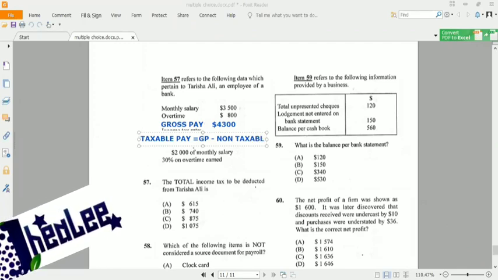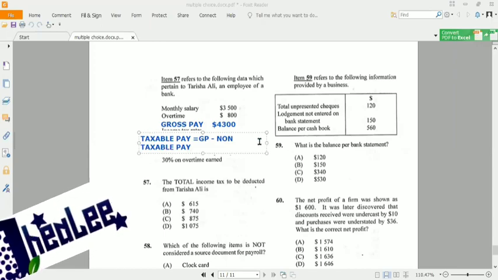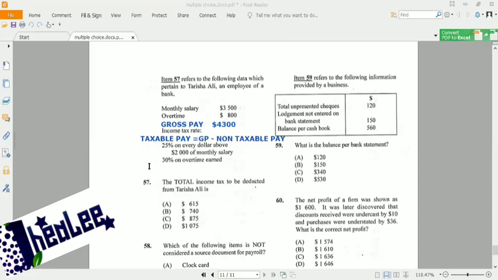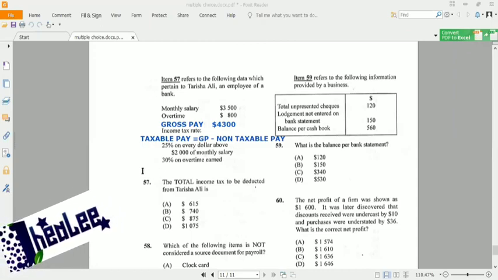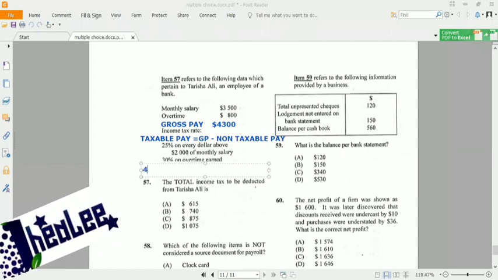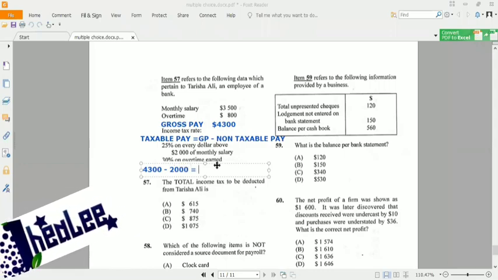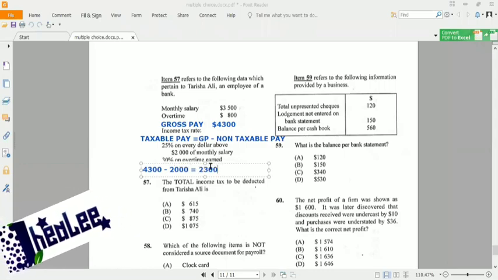All right. So based on this question now, the taxable pay would be the 4,300 minus the 2,000 non-taxable, and that would give us 2,300.